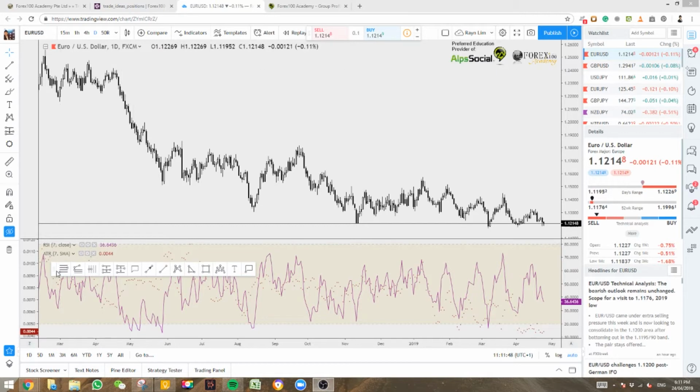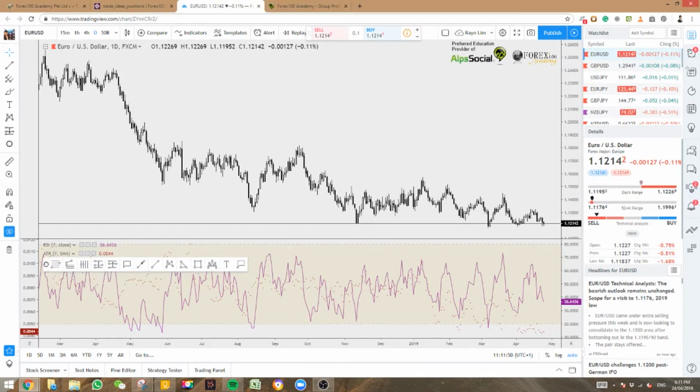On this euro dollar, we are looking at a downtrend. However, there's a bit of a retest. A support is well seen at 1.1192. A lower high is being created as well. With that, you can see that is a strong downtrend movement.